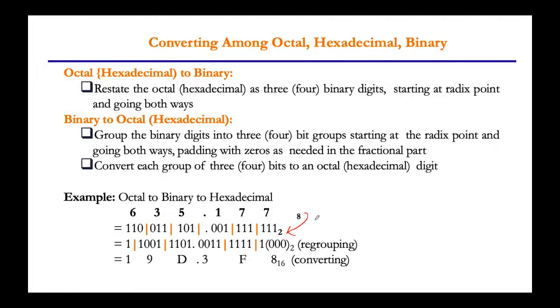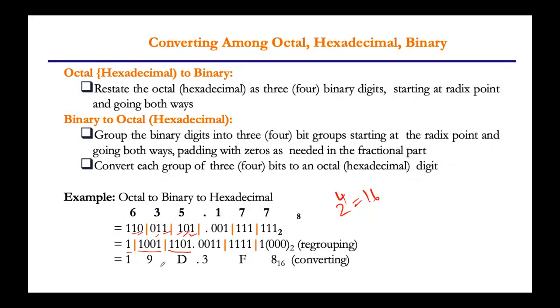Now convert this binary into hexadecimal. In hexadecimal, as we are saying, 2 to the power of 4 is equal to 16, so it requires 4 bits. So you start grouping 4 bits at a time, 1, 2, 3, 4 bits, then the next 4 bits, and the last bit is this one.